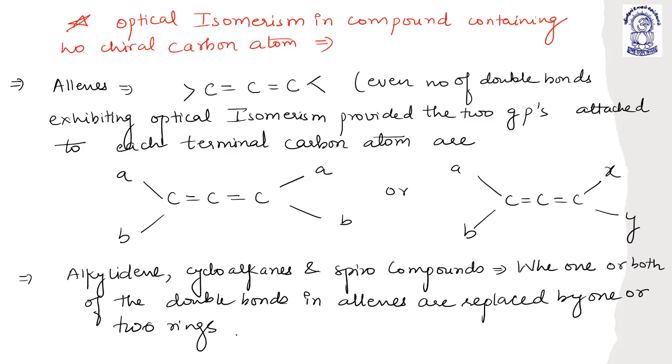The resulting systems are known as alkylidene cycloalkanes or spirenes.